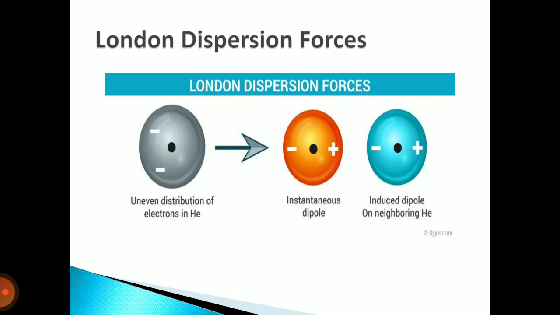As you can see in this diagram, in neutral helium atom the electrons are distributed unevenly, but when the atom comes in contact with the neighboring atom, they get a certain position so that an instant dipole is developed in one atom which induces dipole in another neighboring atom. That is why it is called as induced dipole attraction.